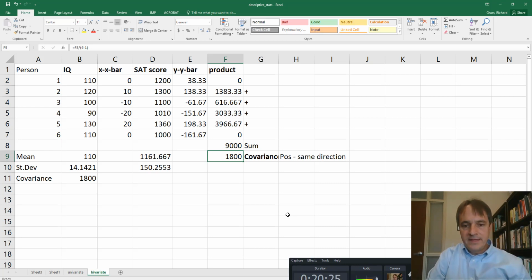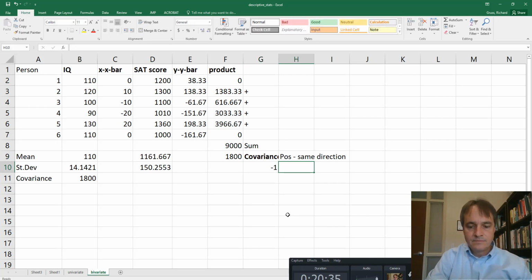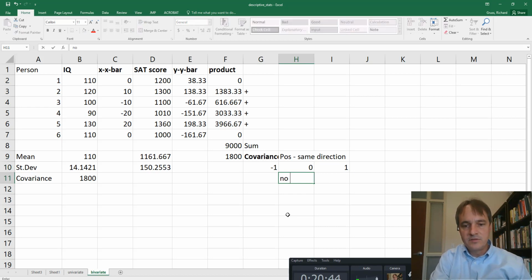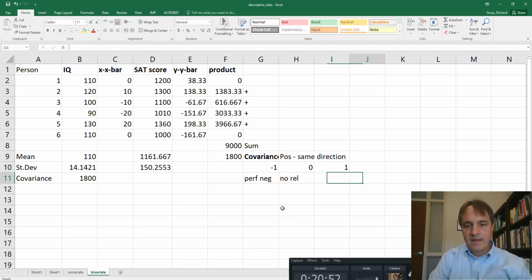Well, one thing that we would really like is if it ranged everywhere from -1 to 1, where 0 means no relationship, -1 means perfect negative relationship, and 1 is perfect positive relationship.